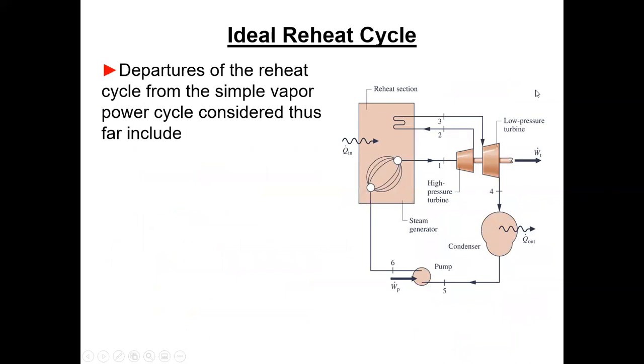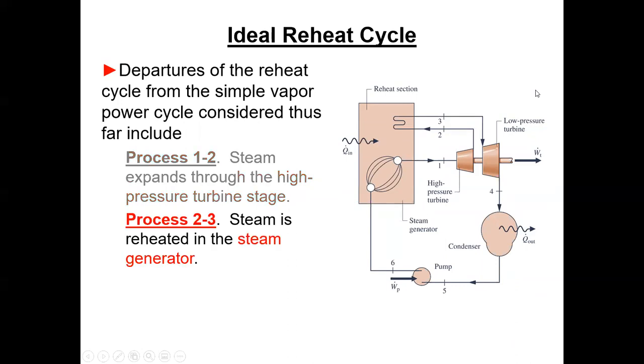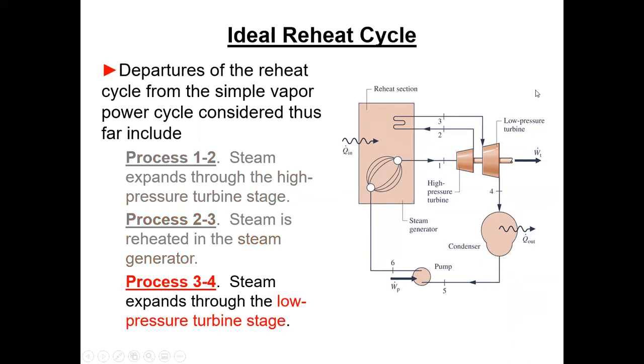Departures of the reheat cycle from the simple vapor power cycle considered thus far include: process 1 to 2, steam expands through the high pressure turbine stage; process 2 to 3, steam is reheated in the steam generator; and process 3 to 4, steam expands through the low pressure turbine.